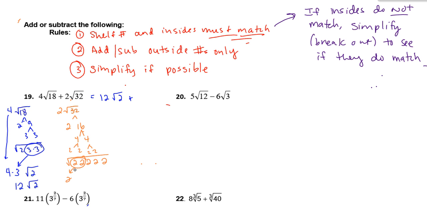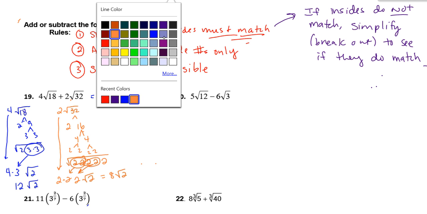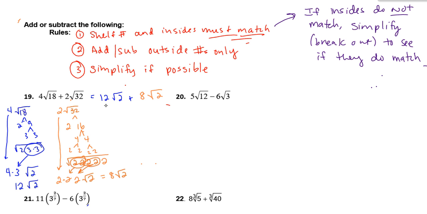There's 1, another 1, and there's going to be 1 left inside. And then don't forget the getaway driver. So this simplifies down to 8 square root of 2. Now if you look at them, their insides match, their shelf numbers match, so we can finish combining those together by taking the 12 and the 8, adding those only, and then you put whatever it is that had to match next to it, and that becomes your answer.